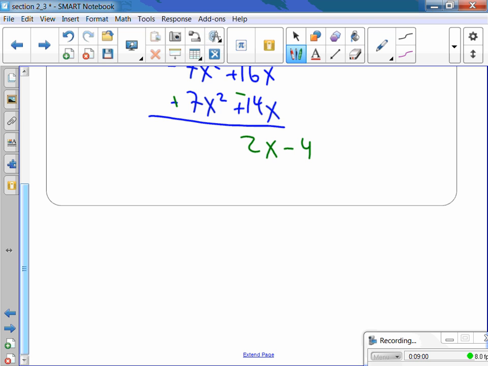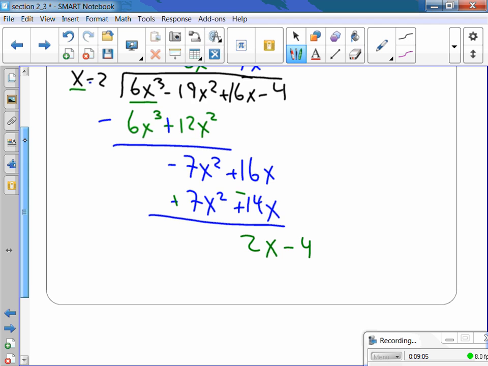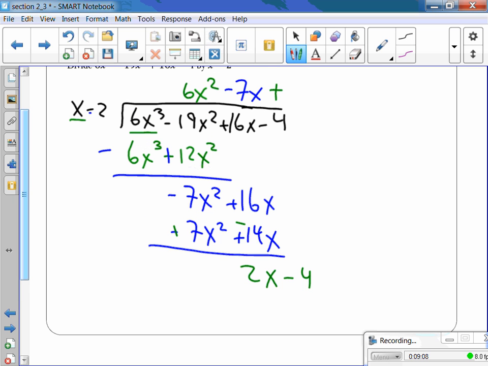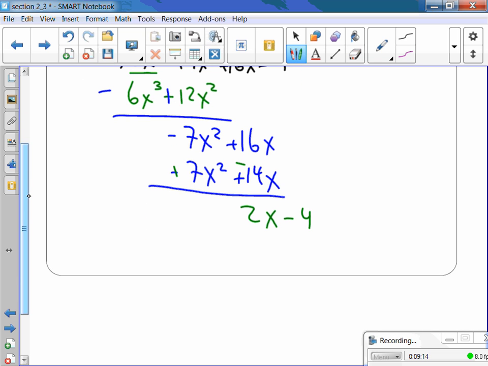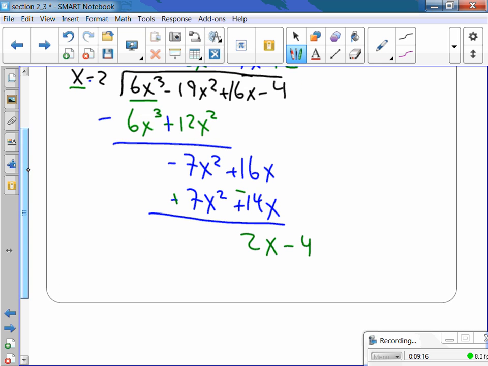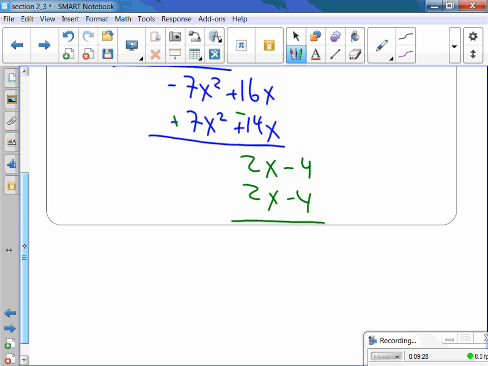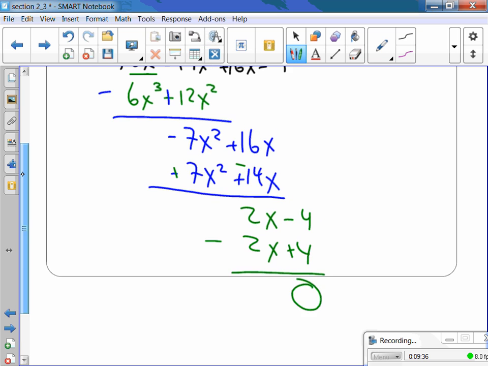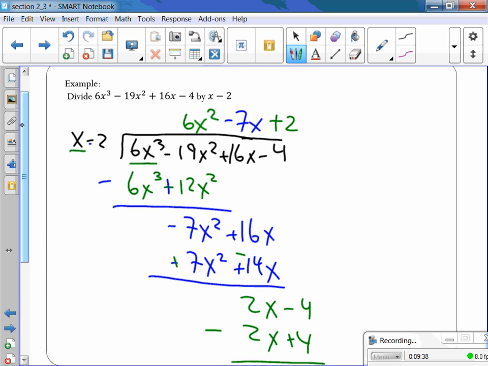Leaving us to do what, Stefan? Multiply by 2. So my plus 2. 2 times that x minus 2 gives us what, Stefan? So what am I going to write here? 2x minus 4. Absolutely. So then when we finally divide, or excuse me, subtract, signs change. Once again, I come up with a remainder of 0. So here, it asks us to divide a third degree polynomial by x minus 2.